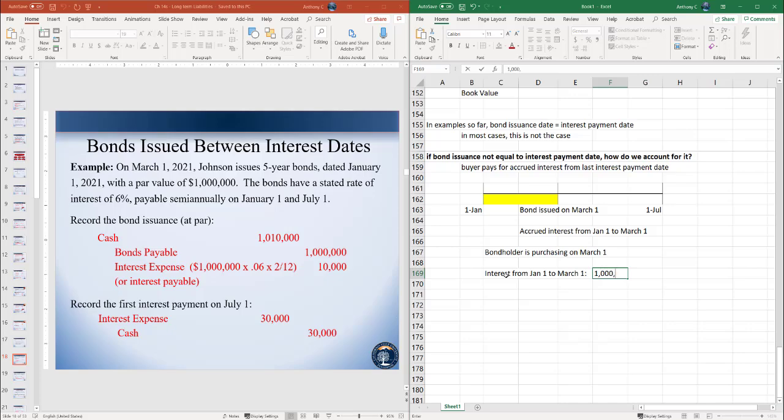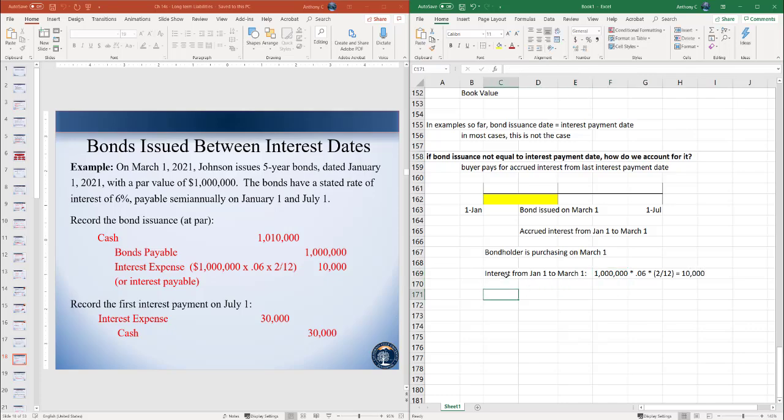So principal is the same as par value. We'll multiply that by the stated rate of interest. And here we're accruing interest for January, February, and that's it. So 2 months. So we'll multiply this by 2 out of 12. So this will get us to $10,000.